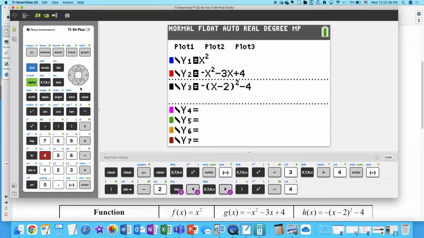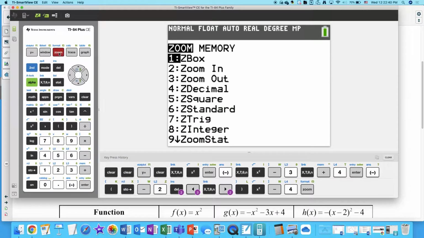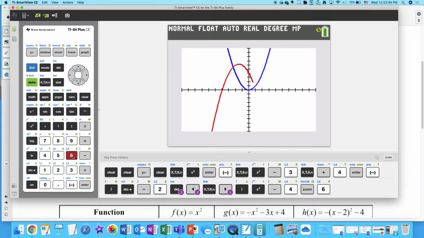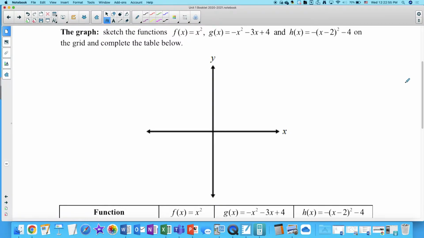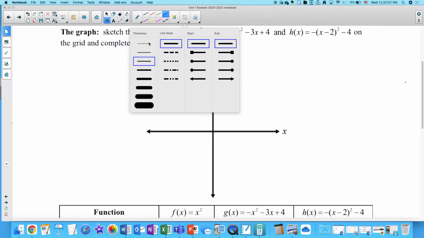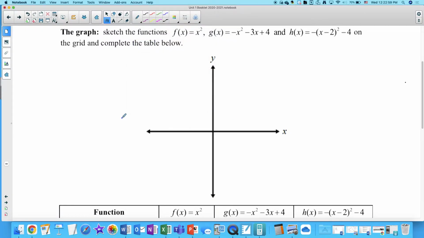Okay, now I'm going to go to my zoom button and hit number 6 for standard, and there are my 3 functions. Okay, so the first one was y equals x squared. That's the blue one. I'm just going to sketch that in here, and I'll just stick to the same colors. Okay, so this is f of x.